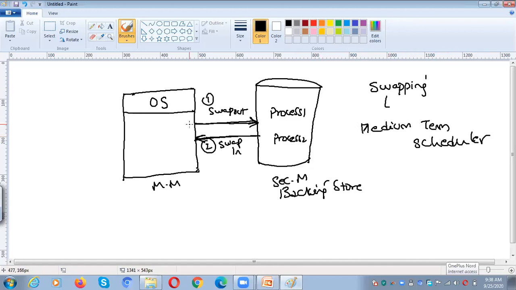Taking a process out of main memory and keeping it in the secondary memory is called swap out. Taking a process out of secondary memory and keeping it in main memory is called swap in. The combination of swap out and swap in is called swapping. It is taken care of by the medium term scheduler.